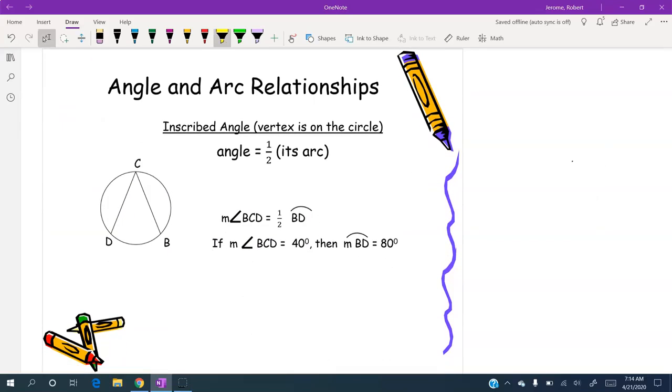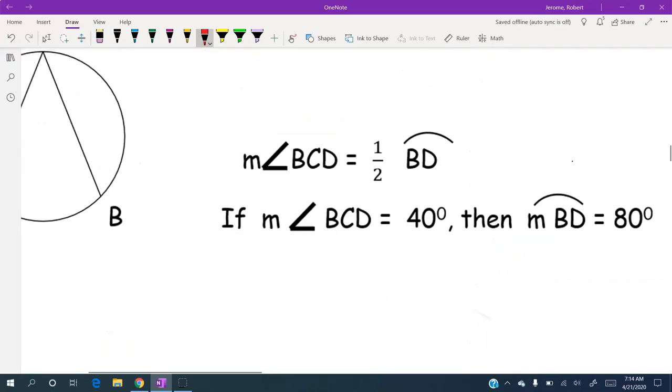And for inscribed angles, we have a formula. Our formula right here: angle is half the arc. So it's not something super challenging as a formula. We can look at this quick, simple example here.